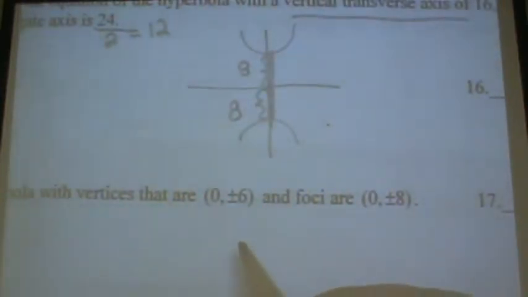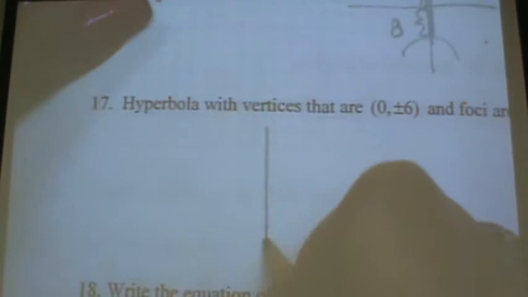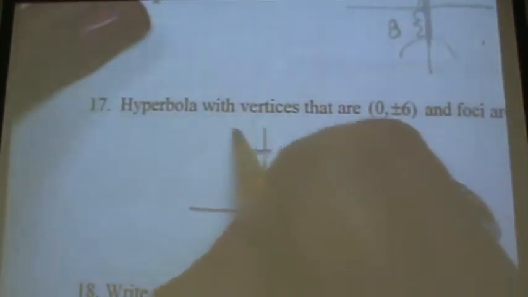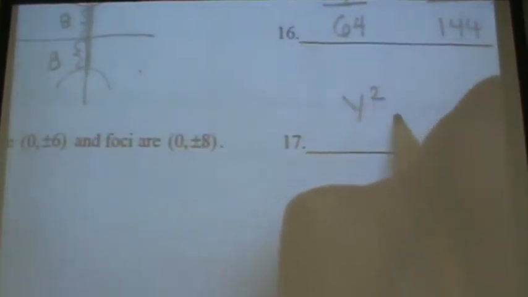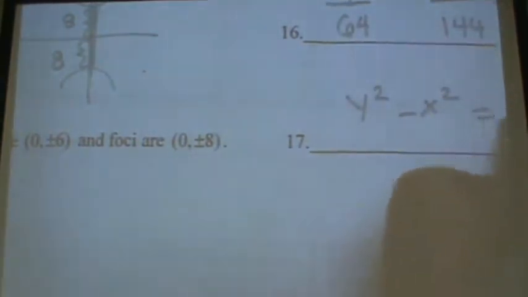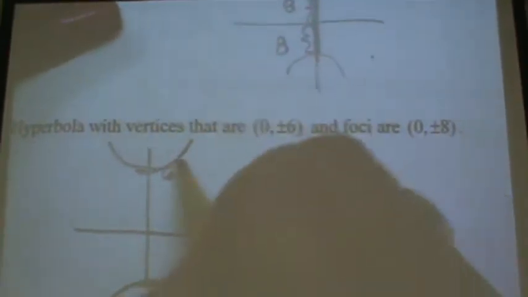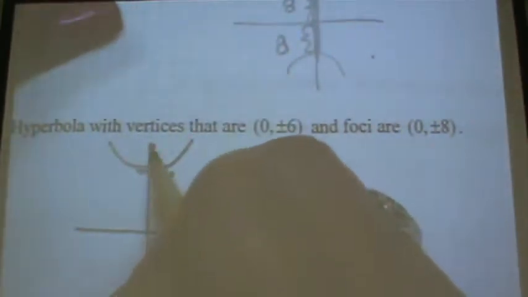Okay, next one, number 17. You have a hyperbola with vertices at 0, 6. Well, if 0, 6 is a vertex and that's a vertex, I know that this is going to be y squared. Know that. And your C value is 8. So from here to here, C is 8.